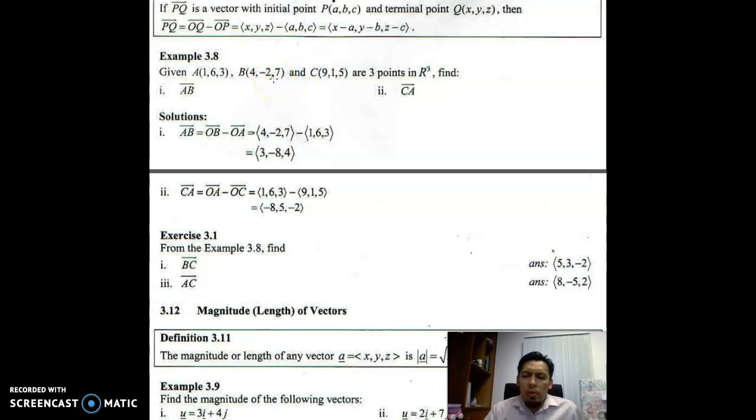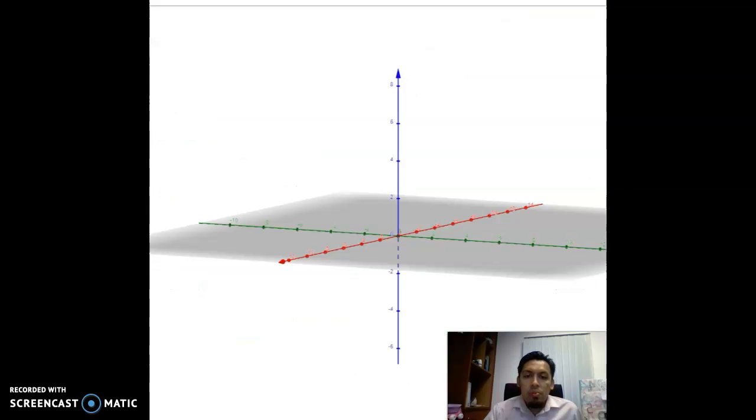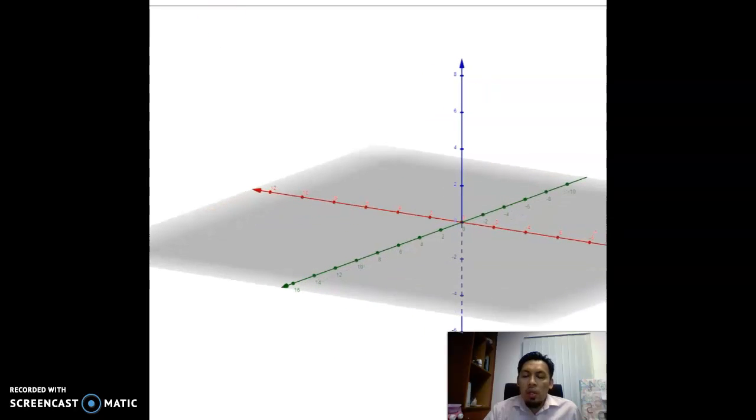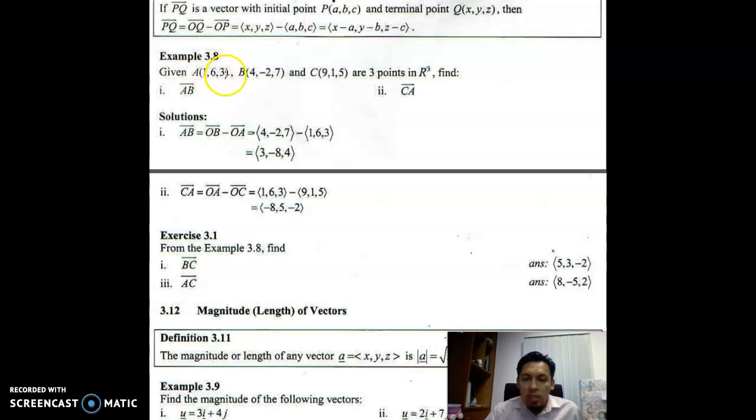So before we do that, let's try to graphically look at the information given here. So this is a 3D graph. Let's see where A, which is (1, 6, 3), is, and B (4, 2, 7), and C (9, 1, 5) is at.